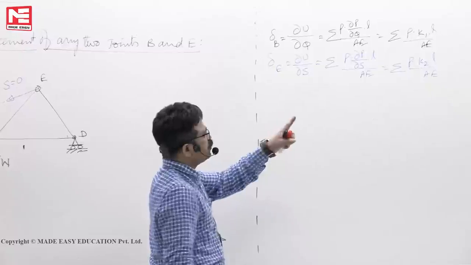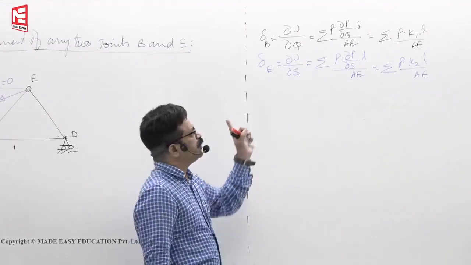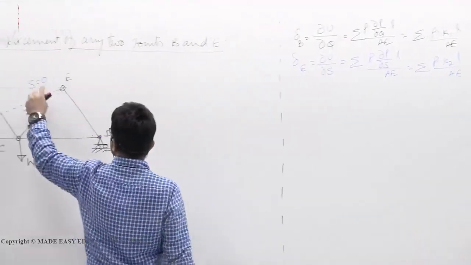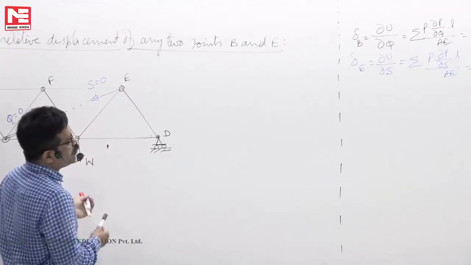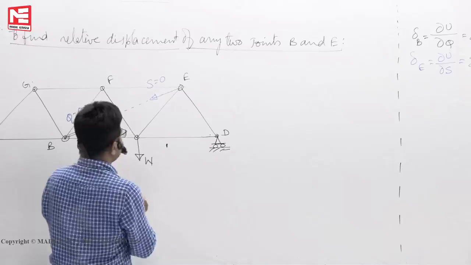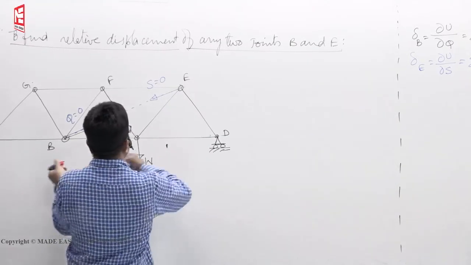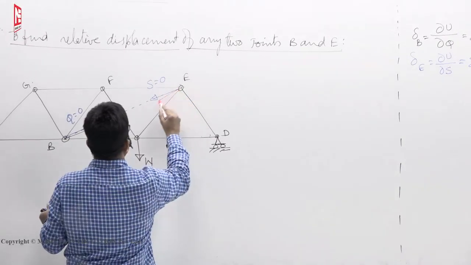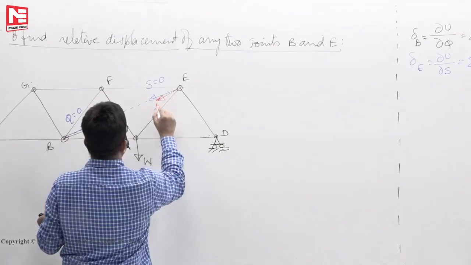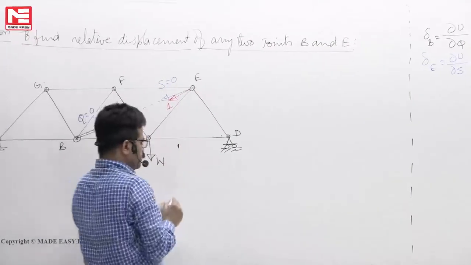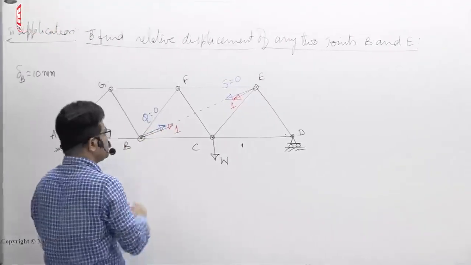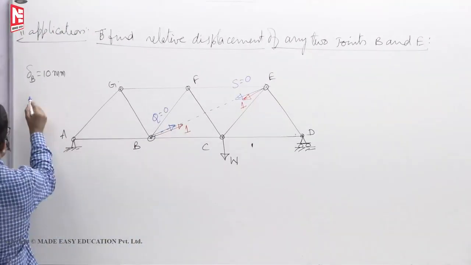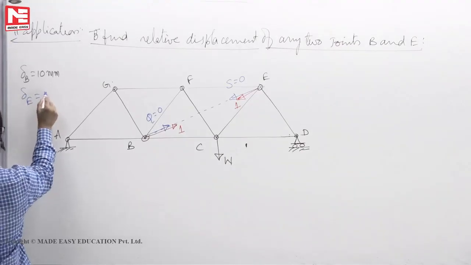P means forces in all members due to applied load W. K2 means forces in all members due to unit load applied at S. Dou P by dou S means due to unit load applied at E. That means here you have to apply a unit load and find the K2 values. So now you calculated that value, let us say displacement of E you got as 8 mm.